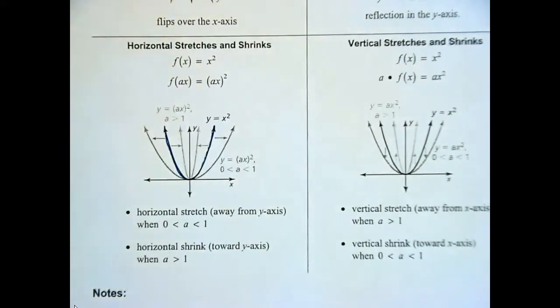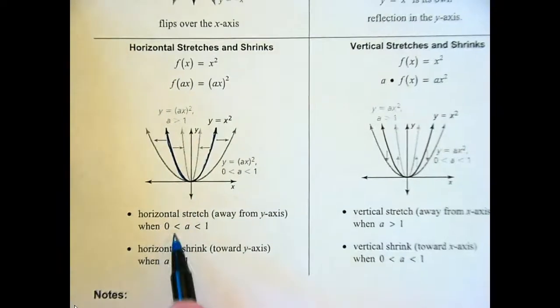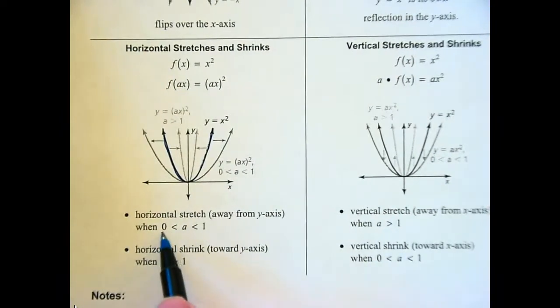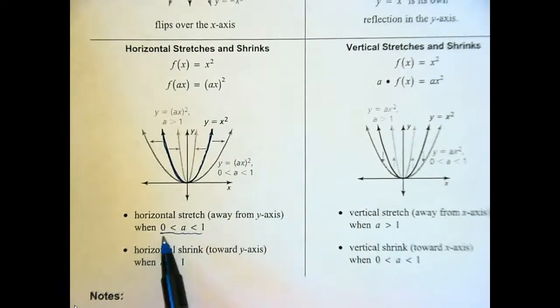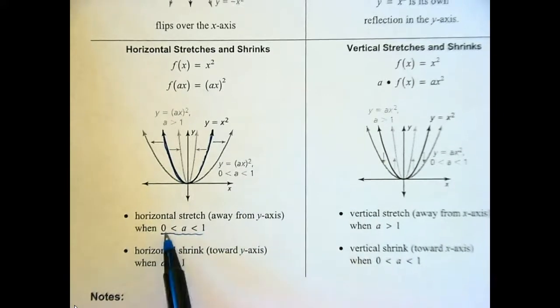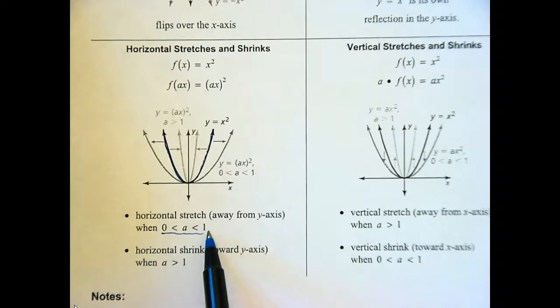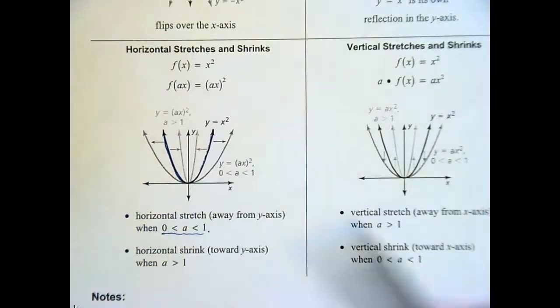Okay? So when I'm dealing with a horizontal stretch, the kind of difficult piece is right here. A horizontal stretch away from the y-axis is actually a number between 0 and 1. Most of you go, yeah, it's a fraction. Well, it's a fraction that's between 0 and 1, because technically 5/3 is a fraction too, but that's bigger than 1.